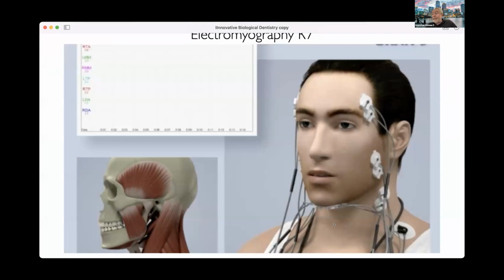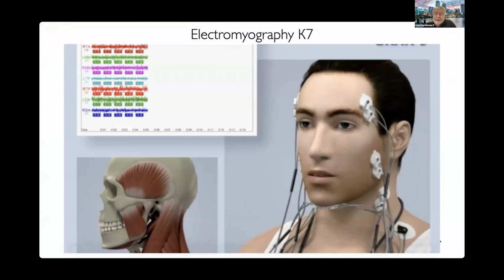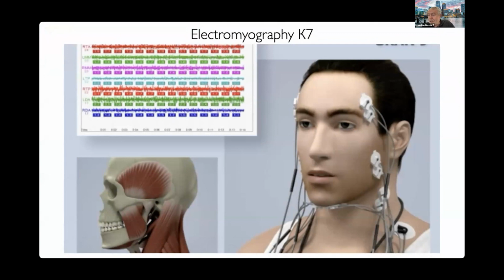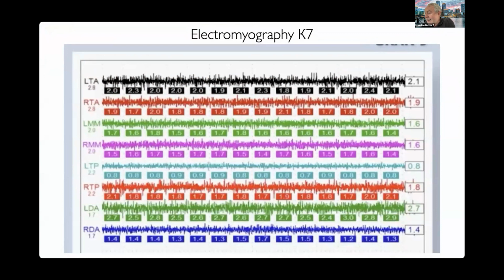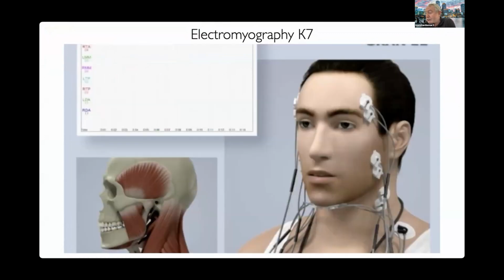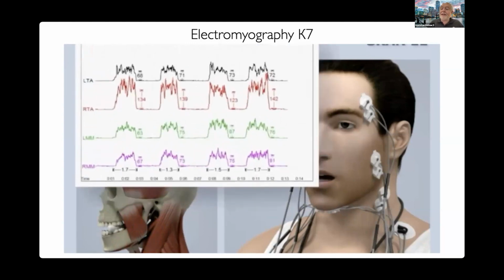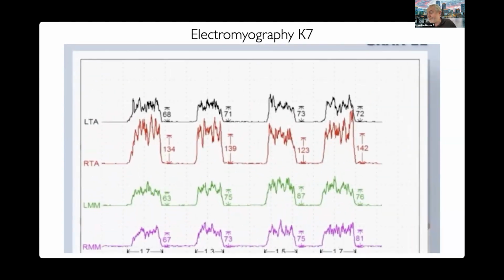And we can objectively measure the condition of the muscles with the help of a superficial electromyography. We can measure the amplitude and frequency of the muscles during rest and during function, which gives us an idea of the state of the entire craniocervical dental system.